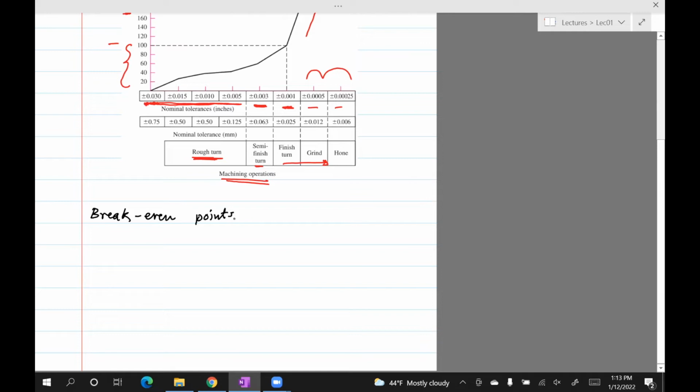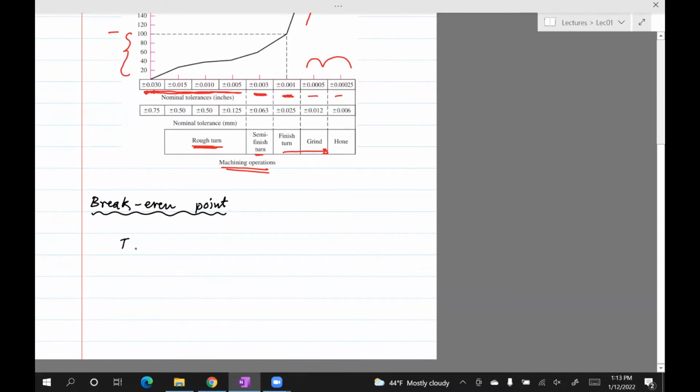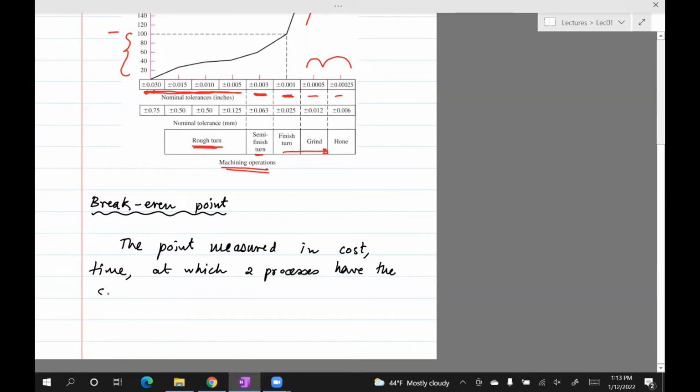It's the point, measured either in cost or time, at which two processes have the same return.